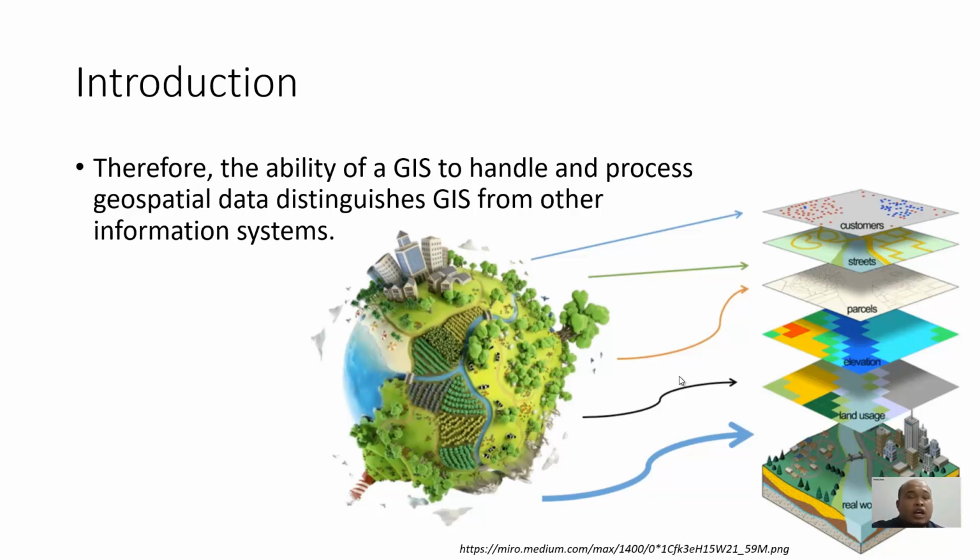So you can stack all these layers together and do the analysis. There are many analyses that we can do in GIS. We will discuss that towards the middle of this lecture.